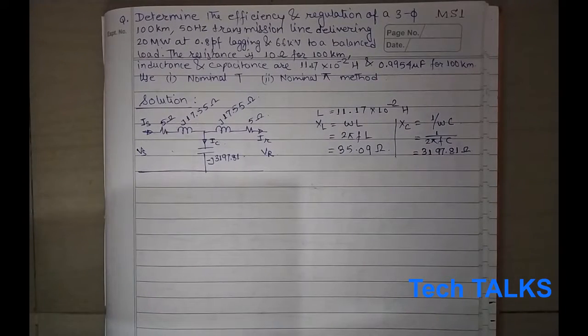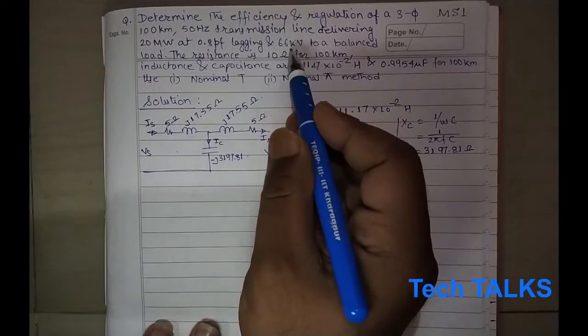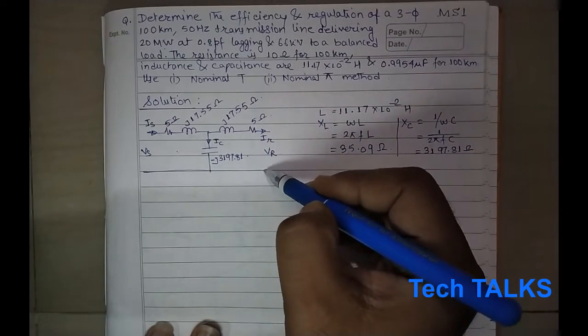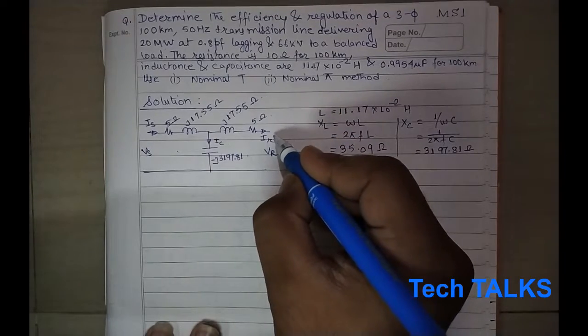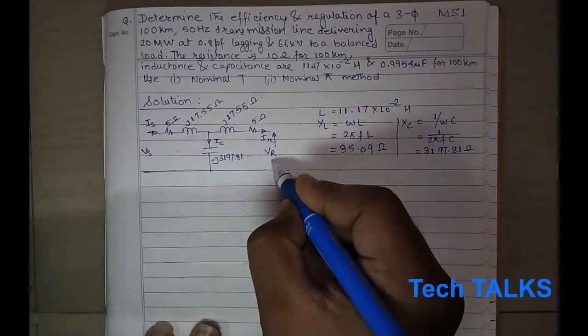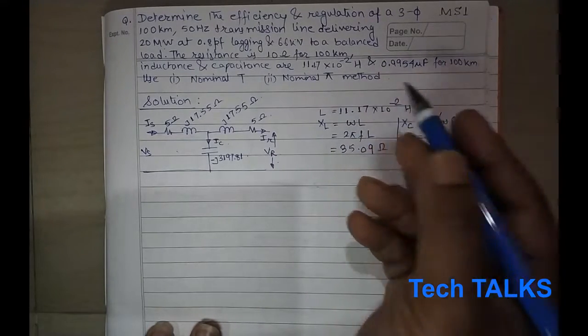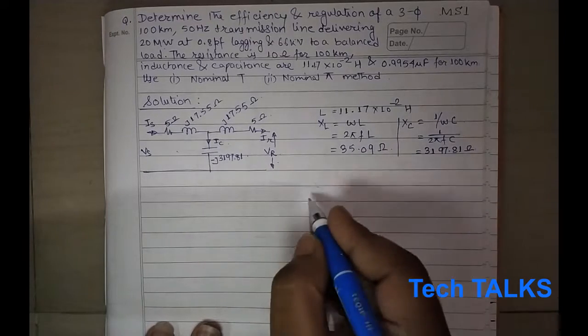Now we have a voltage of 66 kilovolt. Which voltage is it? 66 kilovolt is actually the voltage at this point, that is VR. But 66 kilovolt is the line voltage, so we will make it the phase voltage.